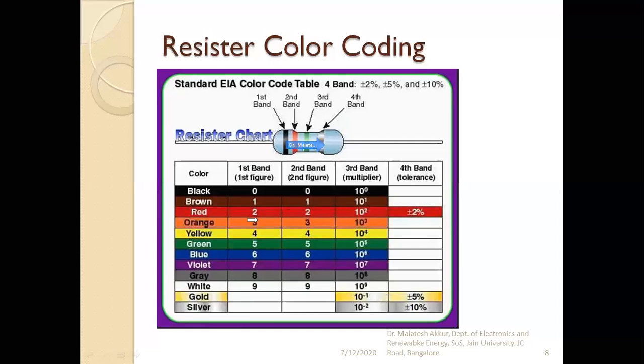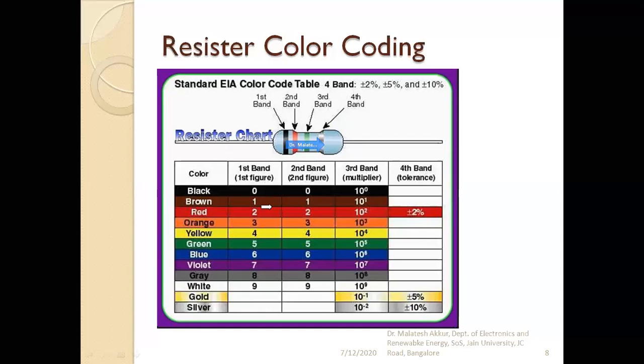In the example, for easy calculation, I'm taking 100 ohm because it is very easy to calculate the percentage. For 100 ohm, what is the color code? Brown, black, brown. If the last band is silver, what is the tolerance? 10%. So 100 plus or minus 10. 100 minus 10 means 90 ohm. 100 plus 10 means 110 ohm.